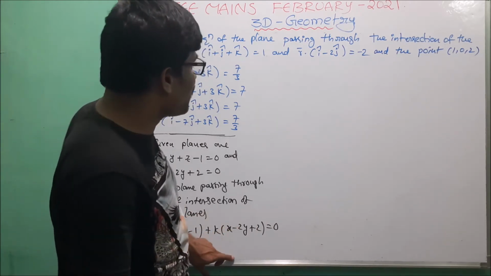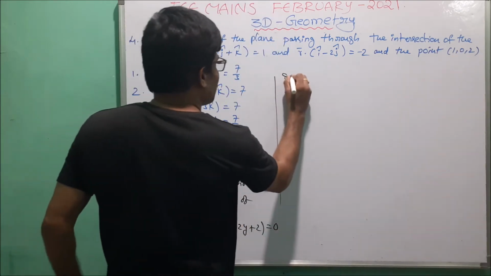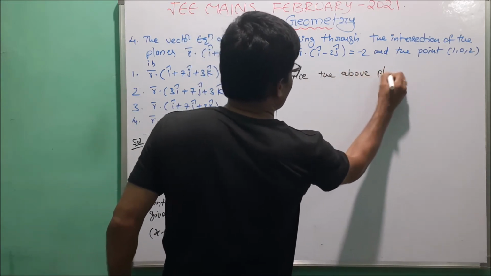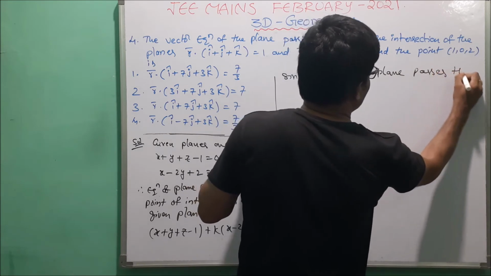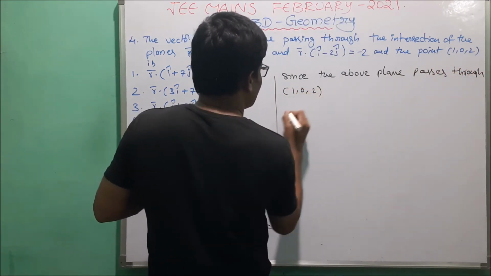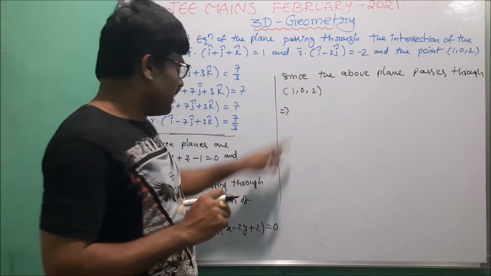Now clearly this plane passes through one point, (1, 0, 2). Since the above plane passes through (1, 0, 2), substitute 1, 0, 2 in place of x, y, z.